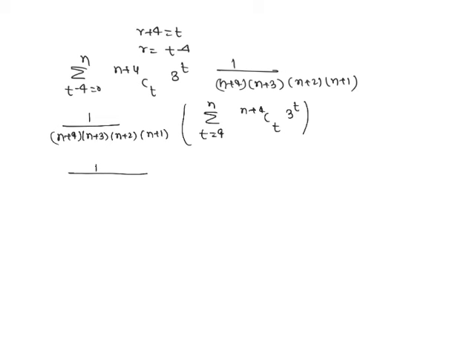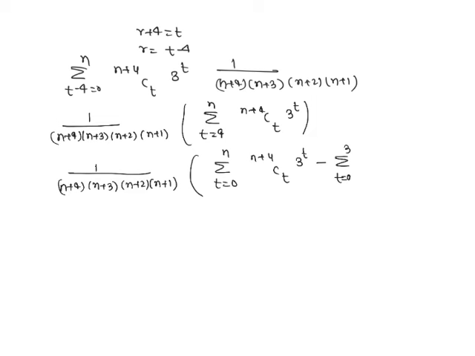So this we can write as 1 divided by (n+4)(n+3)(n+2)(n+1) into the sum over t from 0 to n+4 of C(n+4, t)·3^t minus the sum over t from 0 to 3 of C(n+4, t)·3^t.